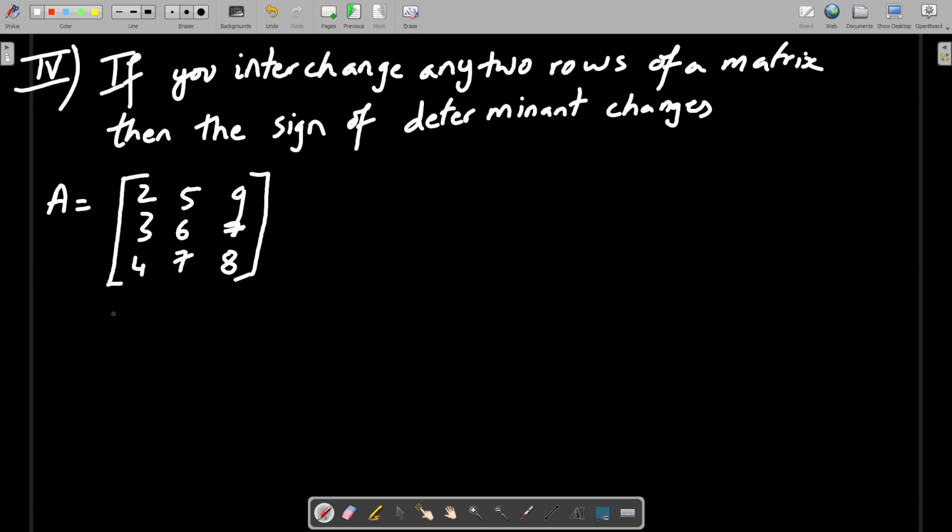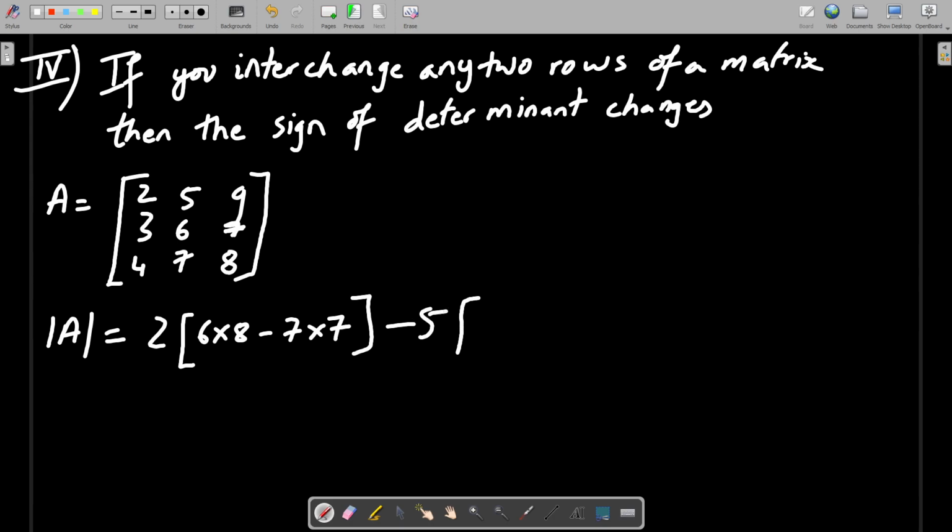Determinant of A is going to become 2 into (6 into 8 minus 7 into 7), minus 5 into (3 into 8 minus 4 into 7). I have not written that one step in between.